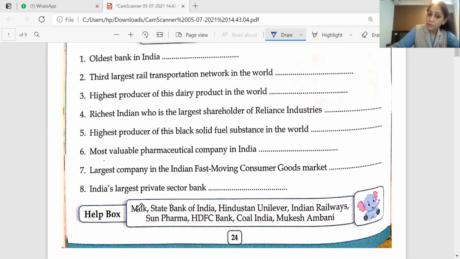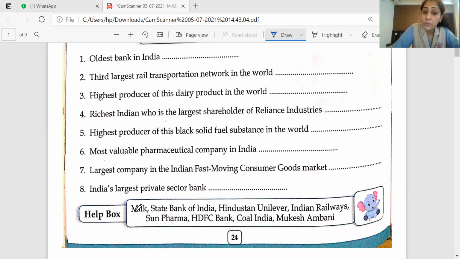According to my opinion, Indians are very fond of milk. They drink milk a lot. Whereas if you go to any other country, people do not encourage drinking much milk. So I think that is why, and we are working hard for this dairy section also. So the highest producer of this dairy product in the world is milk.